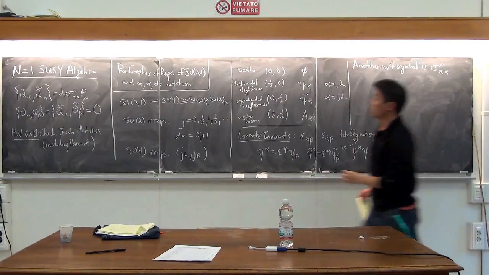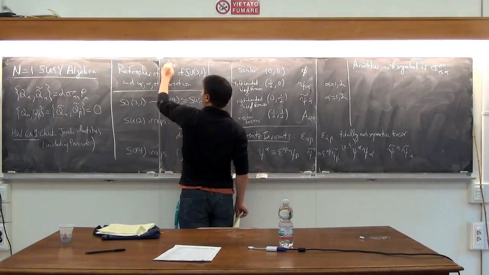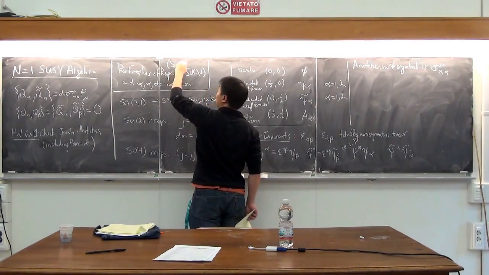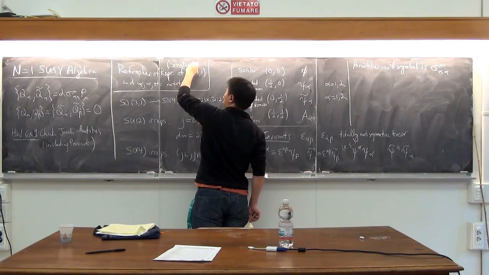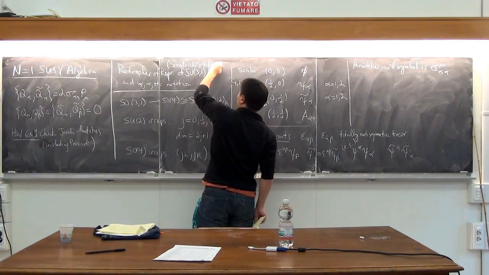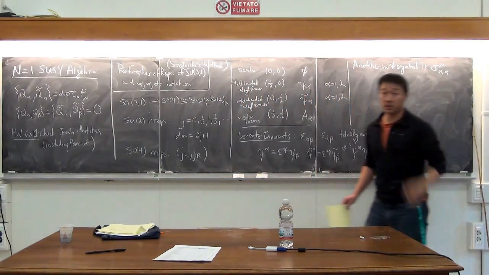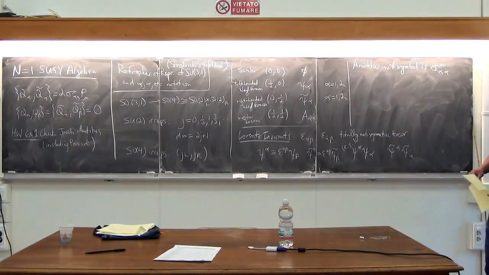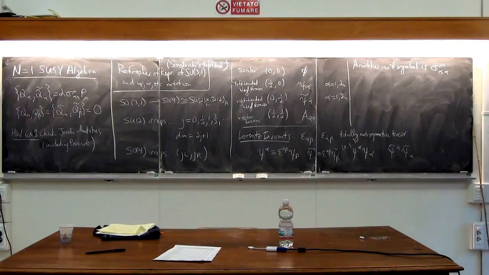I should say a good reference for this. If you ever need to look any of this stuff up, I like to look in Srednicki, his textbook, which is also freely available online on his website. And so that's a good place where all these things are collected.